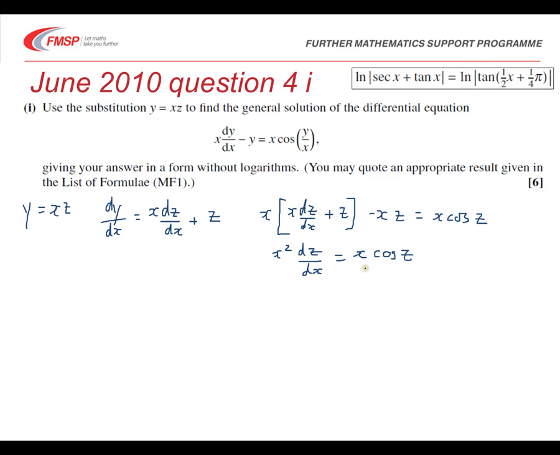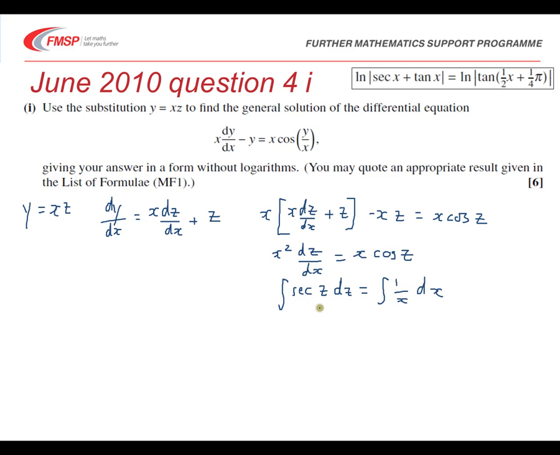What I can do then is separate my variables, divide through by cos z. I get 1 over cos z or sec z, integral of sec z dz, and separating my variables on the right hand side, x over x squared is 1 over x. I get integral of 1 over x dx. So I've now separated my variables.